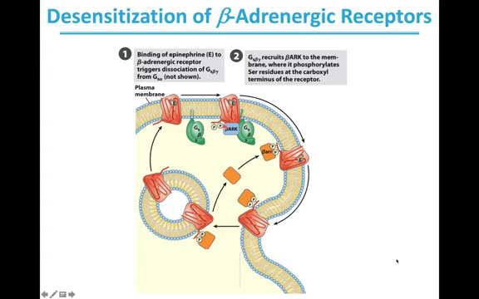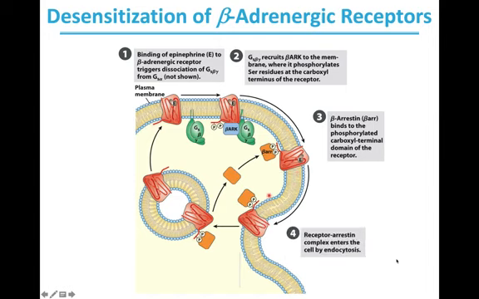phosphorylates some residues, the serine residues near the receptor's carboxy terminus, as shown here. As a result of this phosphorylation, another protein named beta arrestin binds to the phosphorylated carboxy terminal domain of the beta adrenergic receptor. This binding interaction is important because the binding of beta arrestin facilitates the sequestration of the receptor. How is this sequestered?